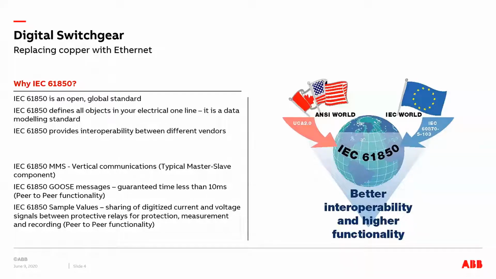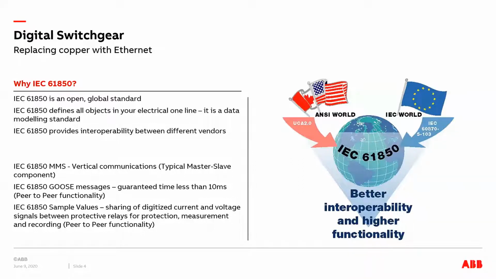It's also called a process bus, where the digitized current and voltage signals between protection relays are shared between the relays, between the IEDs. The receiving IED can use that current or voltage signal for protection, measurement, and recording functions and so on.